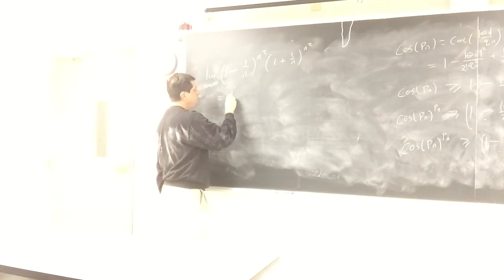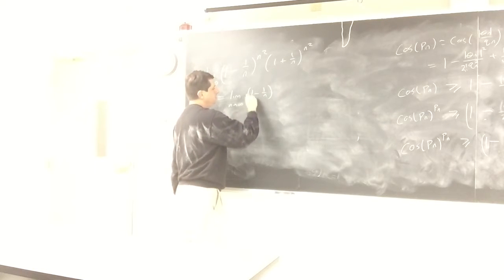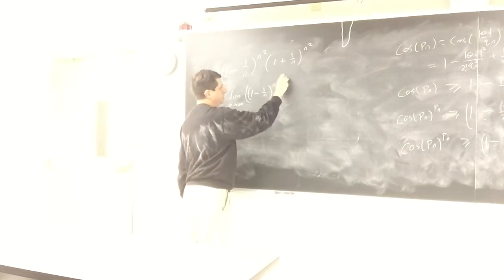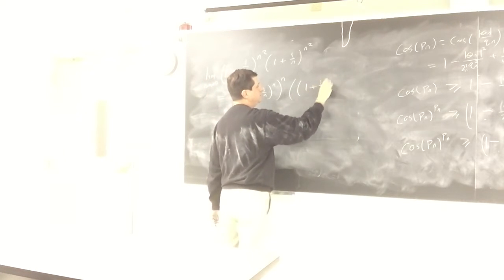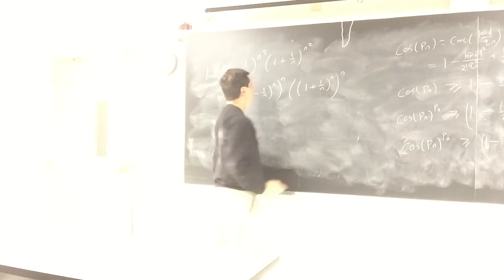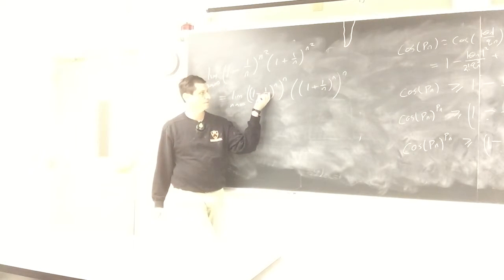I can write this maybe as the limit as n goes to infinity of 1 minus 1 over n to the n, and then 1 plus 1 over n to the n, to the n. What does 1 minus 1 over n to the n go to? Yeah, this goes to e, not e.